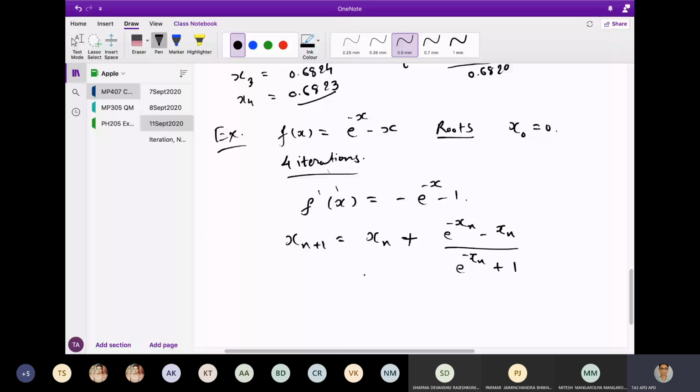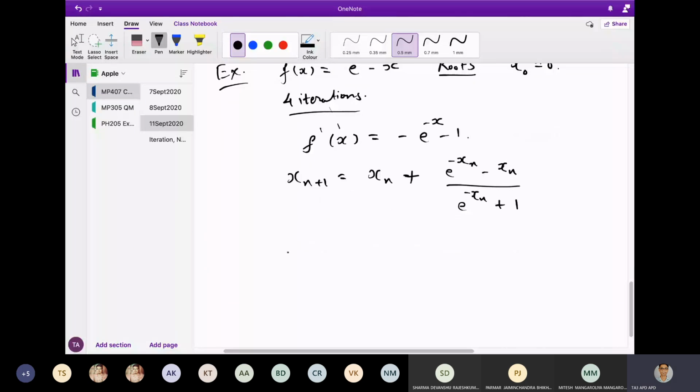Okay, and then we just plug in the values of n. So you have n, and then you have xn over here, and I will just put one more column here that we highlight it with the percentage error as well.